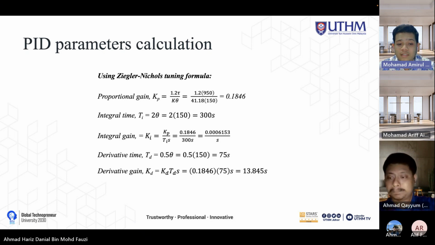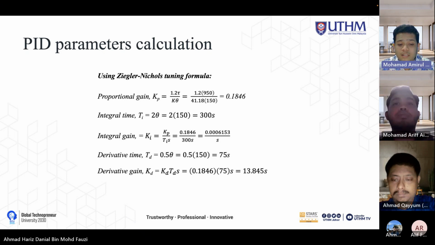Then we find the integral gain KI, we get 0.006153 per s. Then for the derivative time TD, we get 65 s. And for the last, we must calculate the derivative gain KD, so we get 13.45445 s.